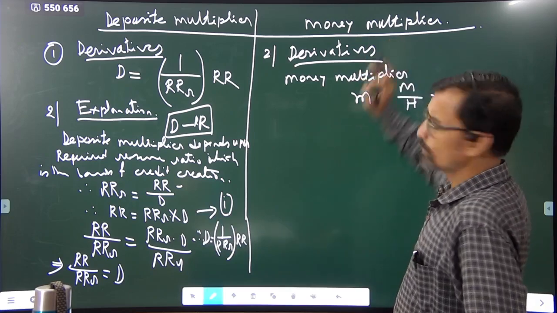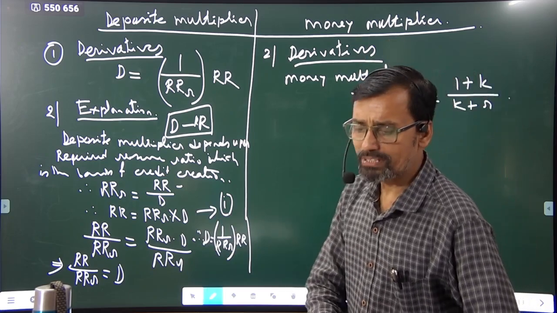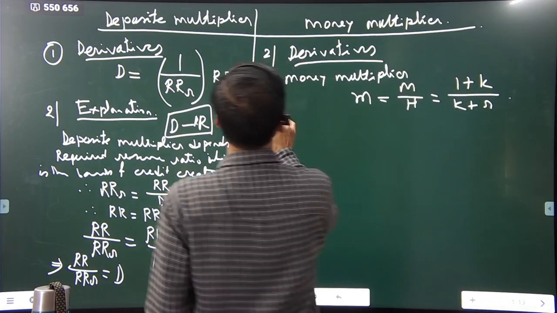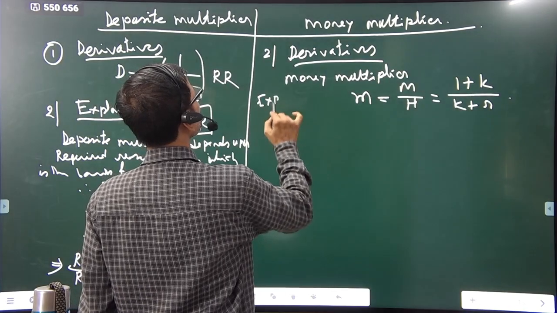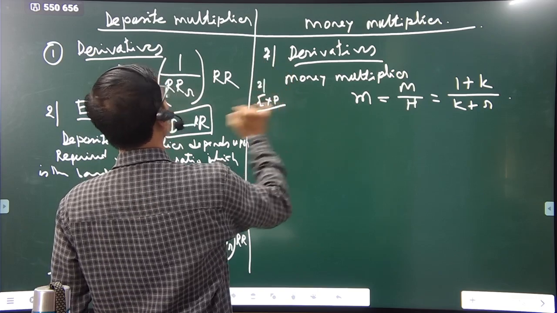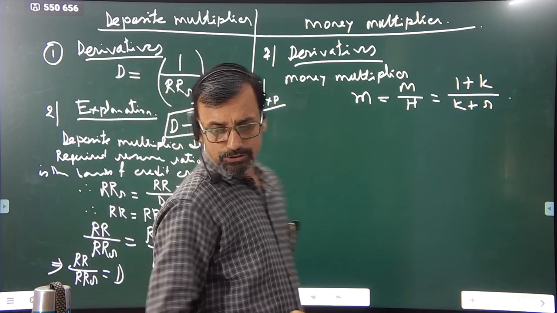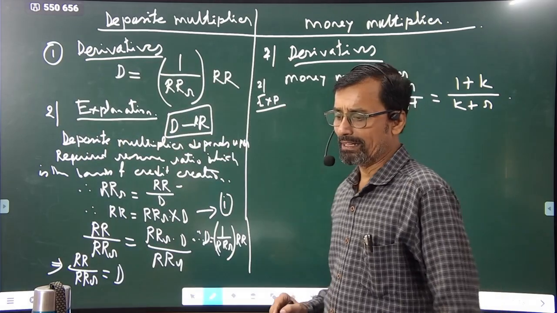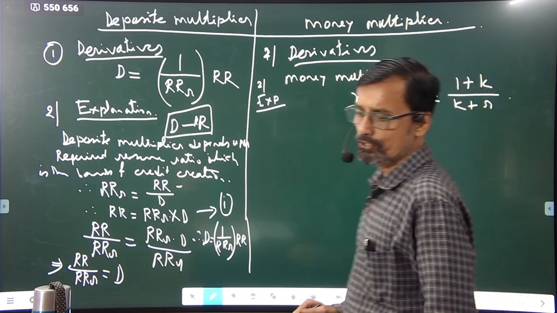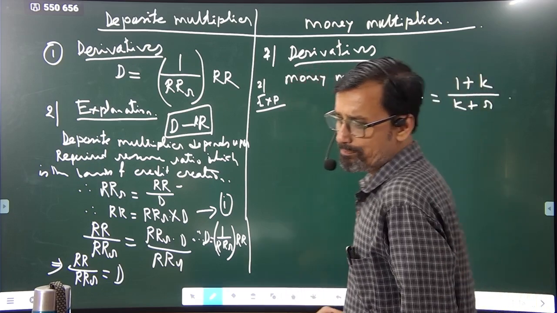Now come to the money multiplier. How can we derive this money multiplier? So the money multiplier is given by M by H. What is M?